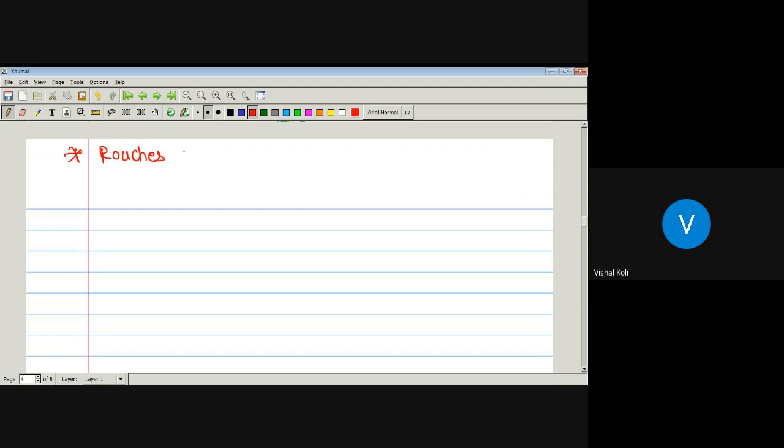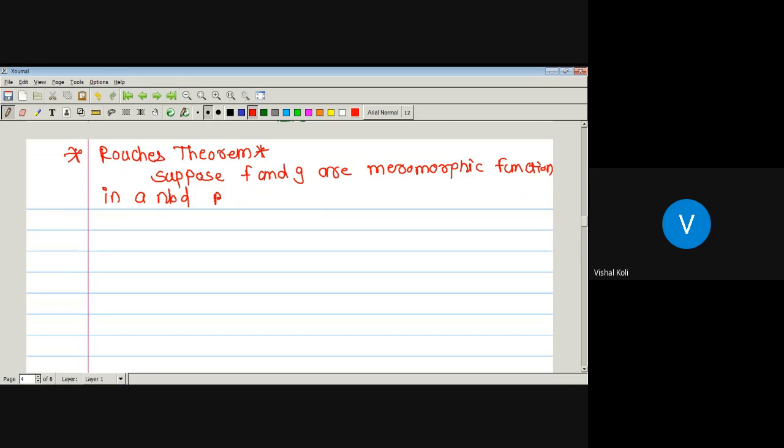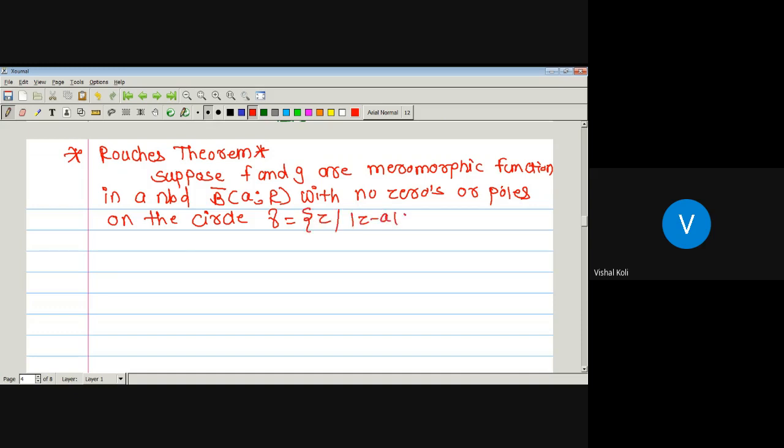The first statement is: suppose f and g are two meromorphic functions in a neighborhood of a closed disk centered at some point a and having radius capital R, with no zeros or poles on the circle gamma, which is nothing but the set of z such that modulus of z minus a equals capital R.